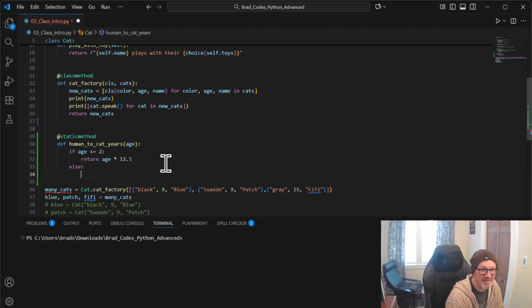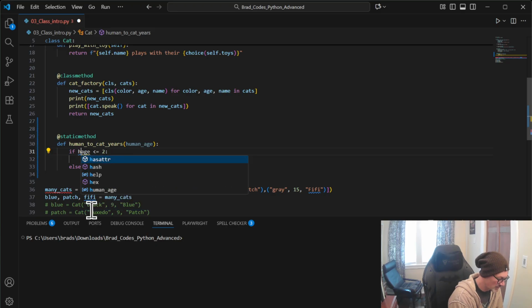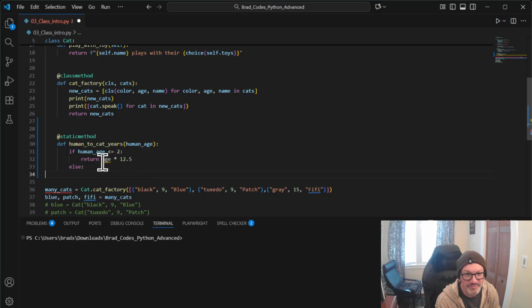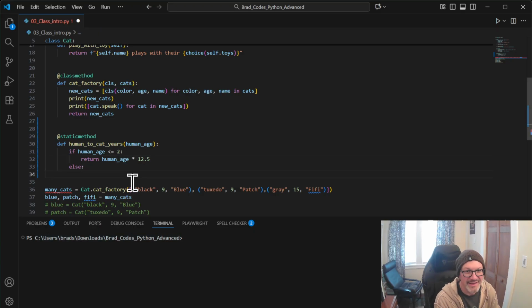We do have our else case because, again, after 2 years of age, what happens with a cat is they really only gain about 4 human years per, or 4 cat years per human year. And let's just change real quick to be something like human age, just so we're not kind of totally confused because it's kind of easy to reverse them. All right, so that makes it a little more clear. Now, our else part, okay, slightly more complicated. So what we're going to do is return.